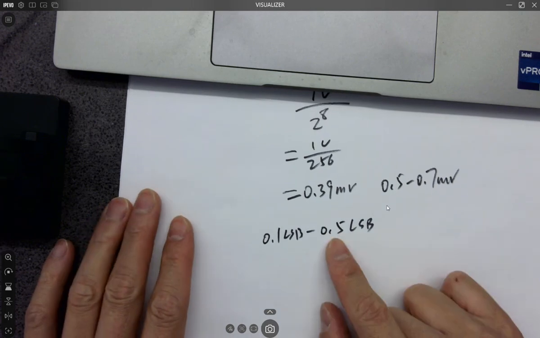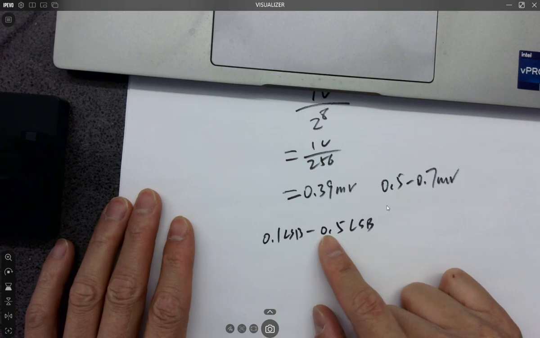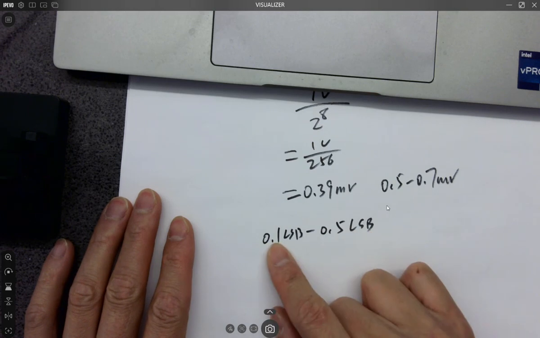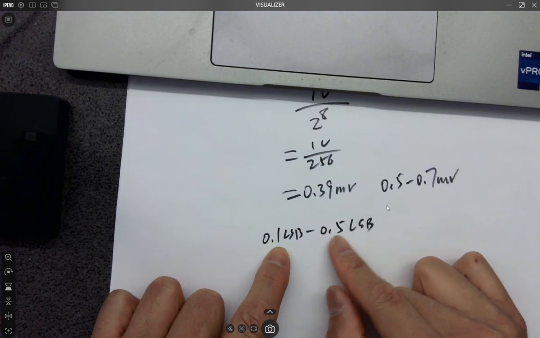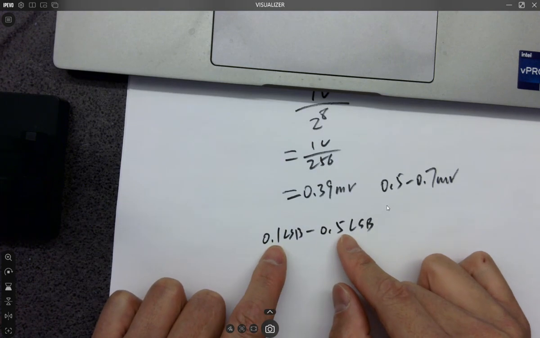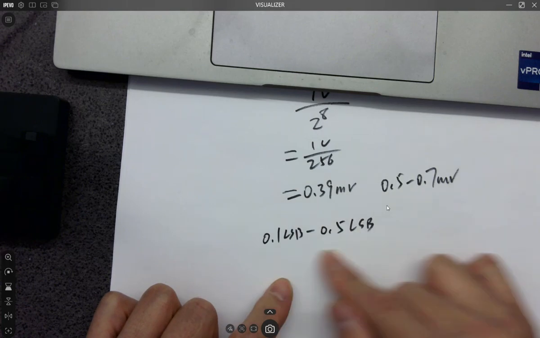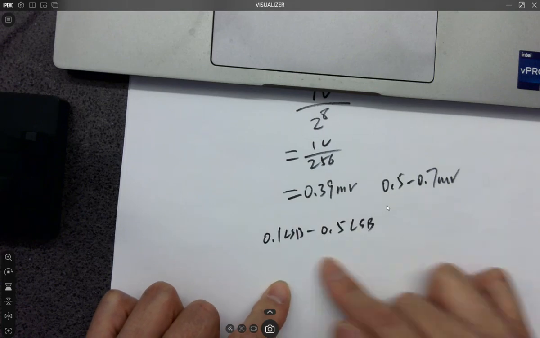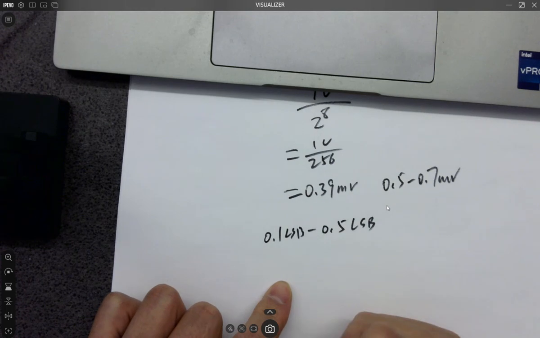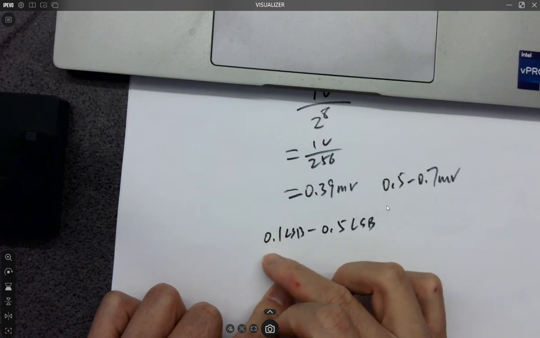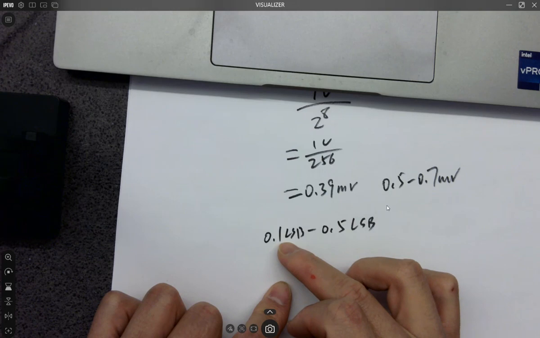So the maximum DNL or INL you are getting is 0.5 LSB. The minimum was 0.1 LSB, depending on which point it's being converted to its corresponding digital value. So this is the parameter you are looking at eventually, right, to evaluate the performance of the ADC or DAC. So we'll look into these two parameters, nonlinearities of the ADC, on Friday, right?